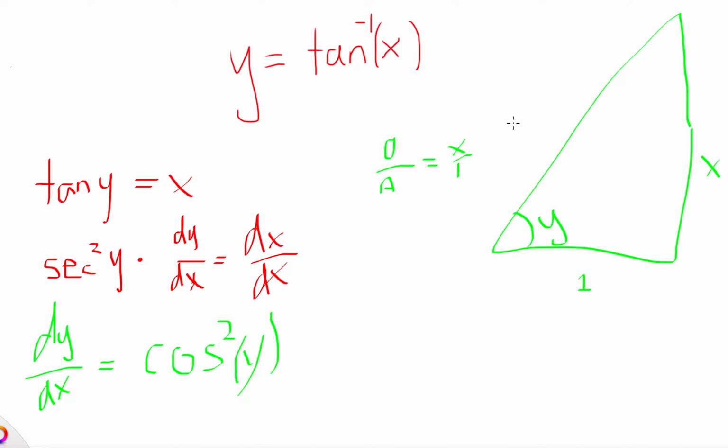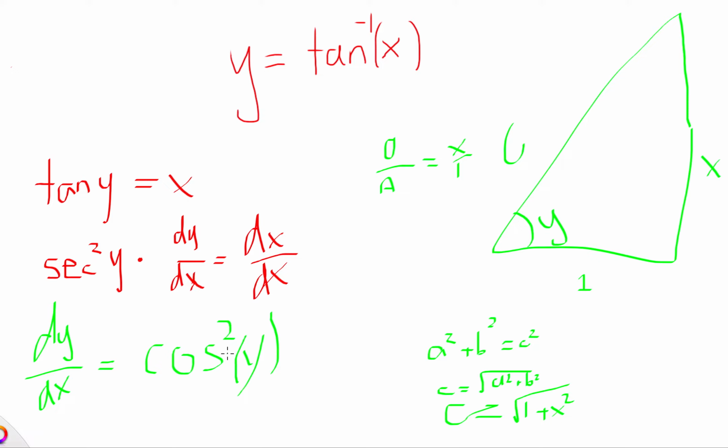Pythagorean theorem to find the hypotenuse, I'll call this c. a squared plus b squared equals c squared. And then we're going to solve for c. So c has to equal the square root of a squared plus b squared. And then we plug in our numbers. So c, the hypotenuse, has to equal the square root of 1 plus x squared, but do not forget the square root. Okay, so that's what c equals.